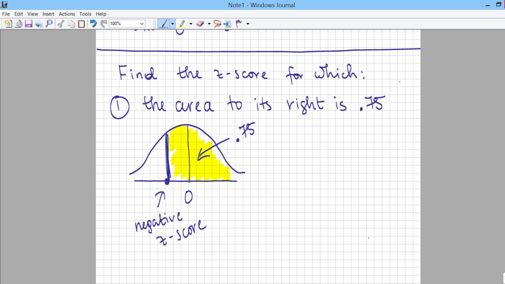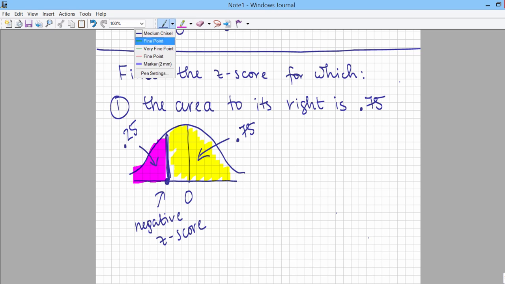Now, the way your calculator is set up to find those z-scores, what you need to know is that you need to plug in the area to its left. Okay, that's just how the syntax works. You need to plug in the area to the left of that score that you're trying to find. Well, if this is 0.75, then this one would be 0.25.